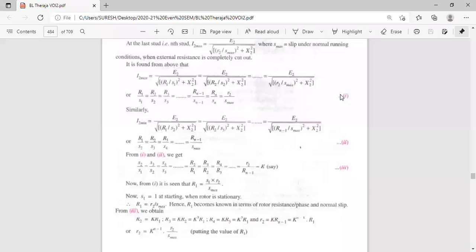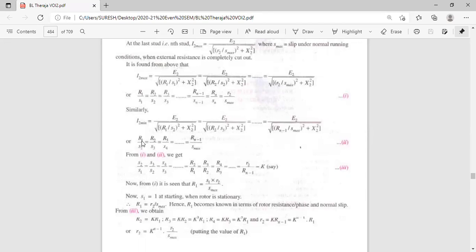Let it be equation 1. Let it be equation 2. Between equations 1 and 2, is it clear? Yes, sir. Okay. Now we do one thing.